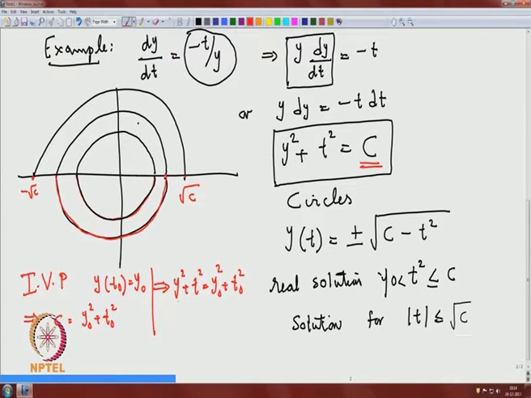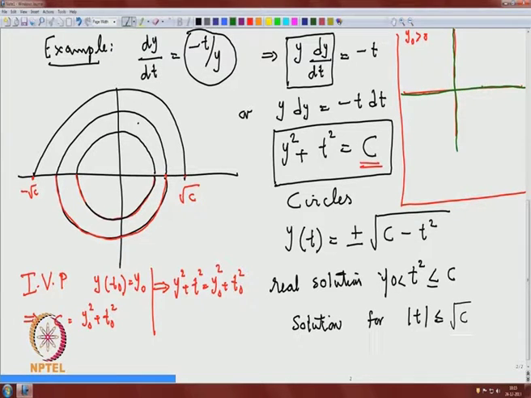It depends on where y naught is, on the sign of y naught, which branch of the solution is defined. Let me plot the curves on the same page so that we complete this problem. Suppose y naught is positive.